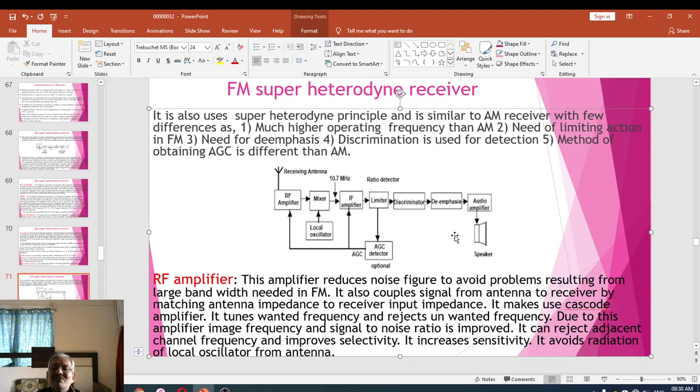So the de-emphasized signal is given to the audio power amplifier, which is driven by the driver amplifier. The audio power amplifier amplifies all the audio frequencies electrical signal, and then that is provided to the speaker. The speaker now converts the audio frequency electrical signal into an acoustic sound signal.